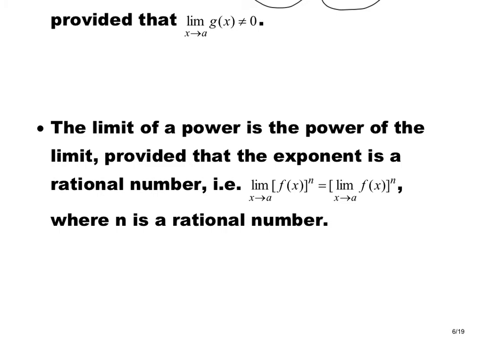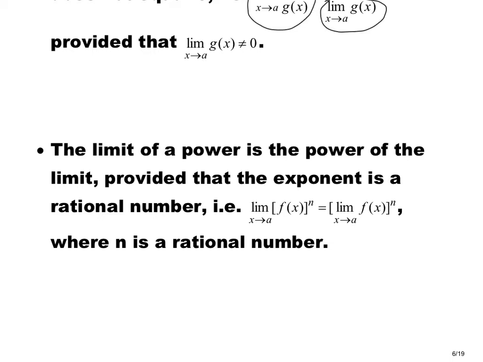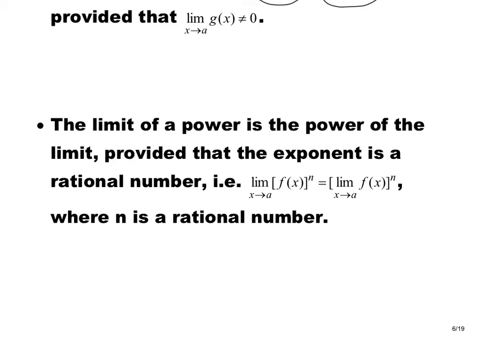The next property says that the limit of a function to an exponent, like this one, limit as x goes to a of f of x to the exponent n, is the same as the limit of f of x as x goes to a, and the result to the exponent n.